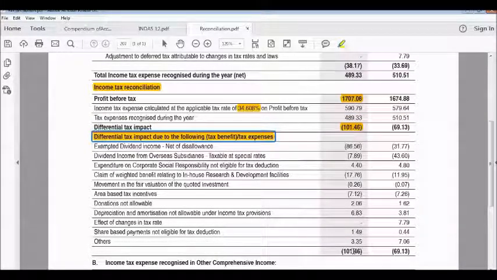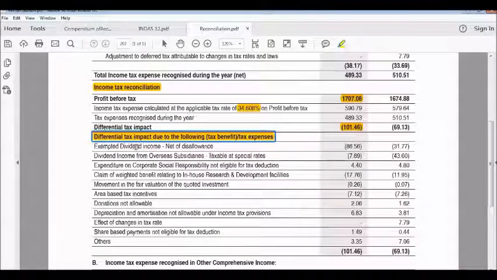So basically all these items, like exempted dividend income from overseas subsidiary, expenditure on corporate social responsibility, donation not allowed in income tax, area based tax incentive, share based payment not eligible for tax deduction, all those differences are permanent differences.